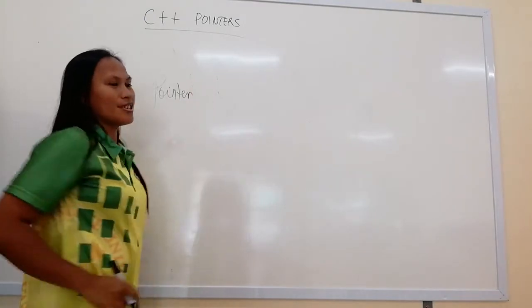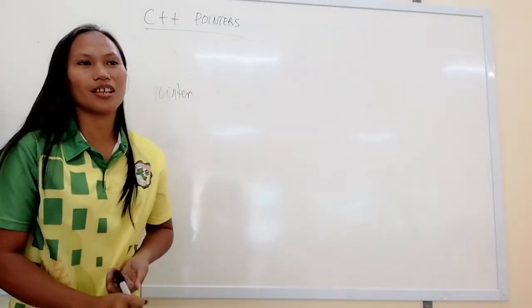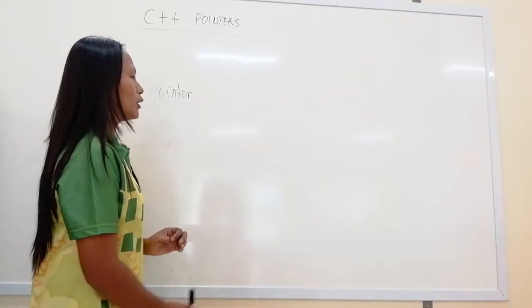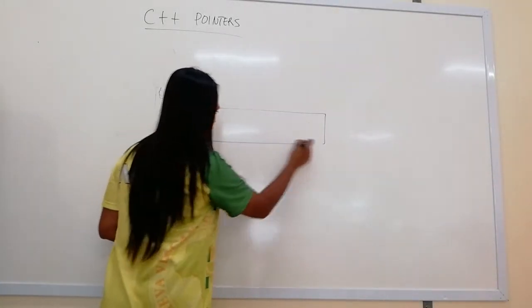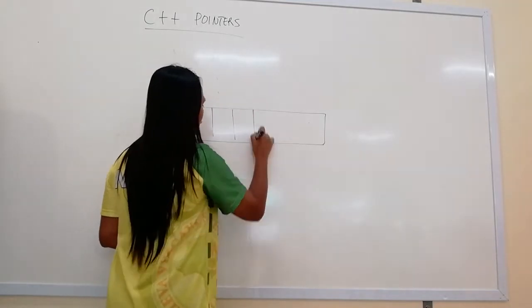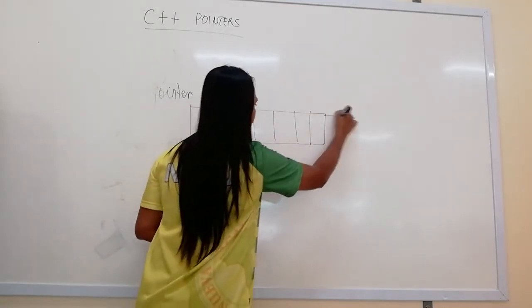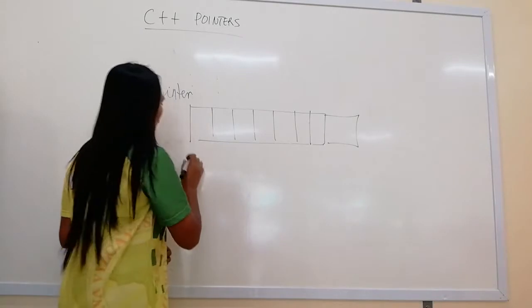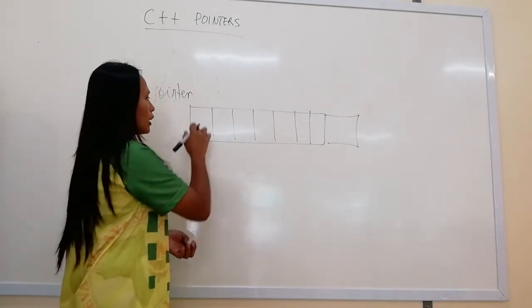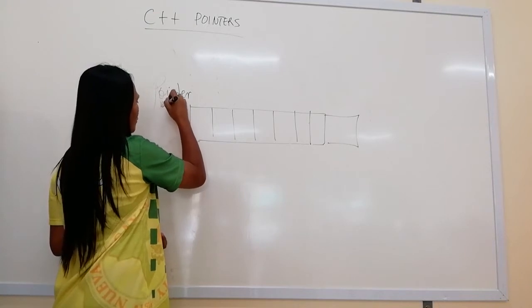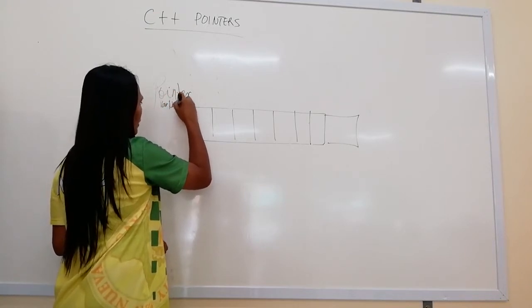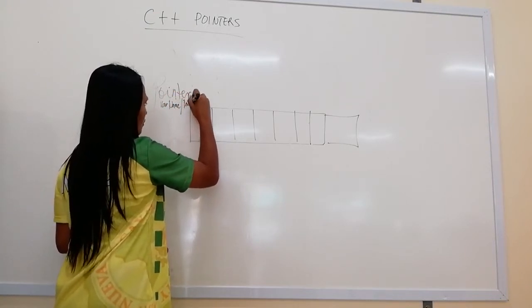So, a pointer stores the address of a certain variable. For example, we will draw a sector of memory addresses consisting of different tracks or sectors. Now, in here, we have what we call the variable name, and we have pointers.